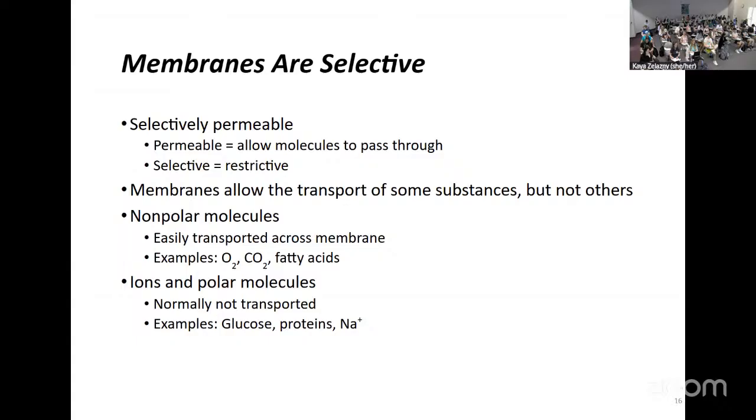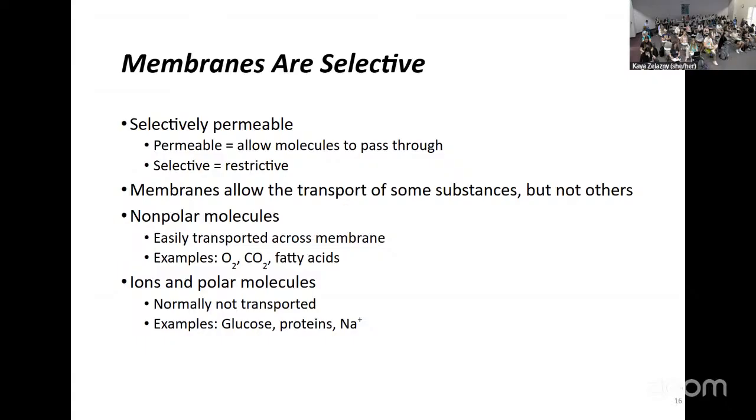So that's why we're paying attention to the phospholipids, and in particular, that thick layer of hydrophobic fatty acid tails that are non-polar, right? So anything that acts in a polar way, acts like water, is attracted to water, is likewise going to get repelled by those fatty acids that are trying to escape water. So it's not going to be able to get through our membrane.